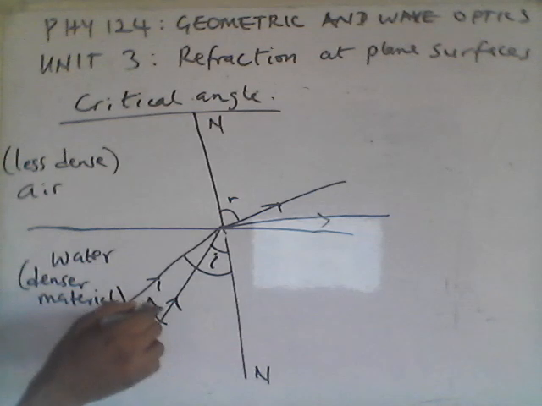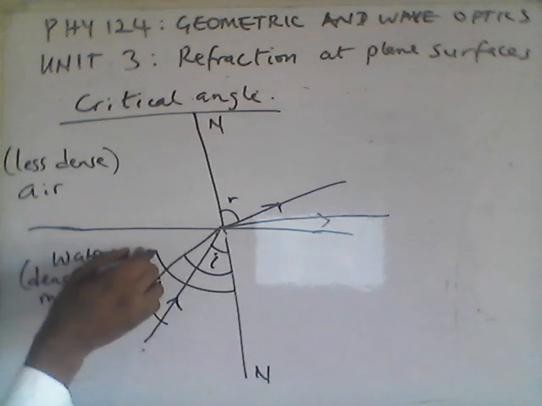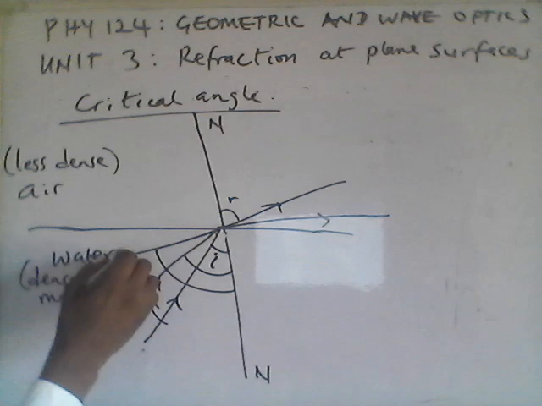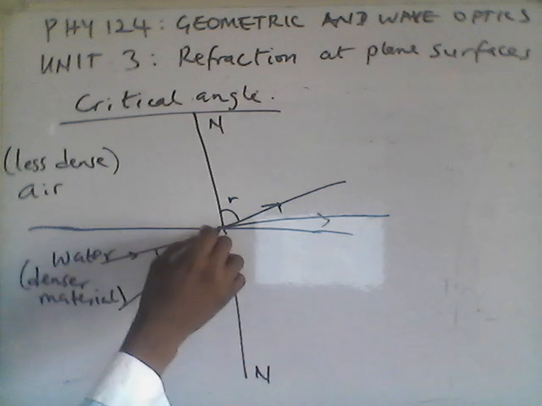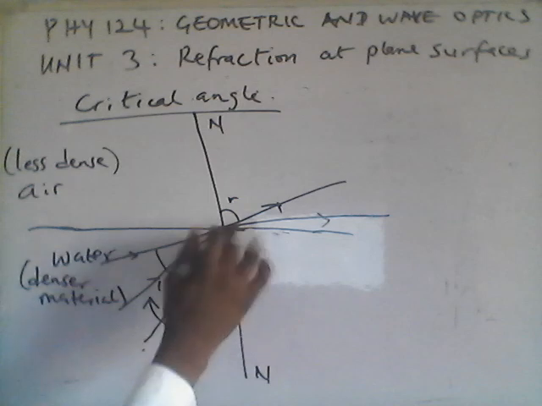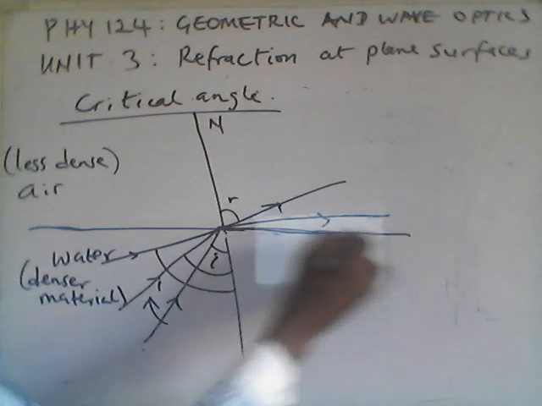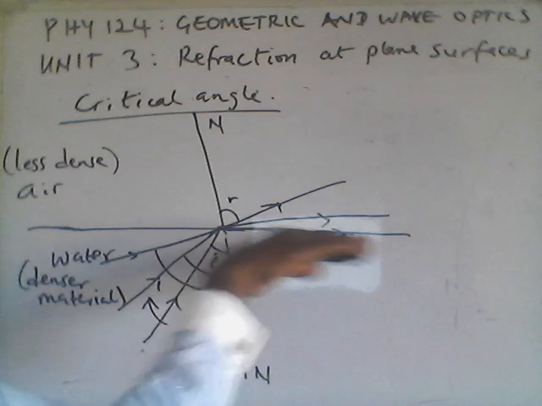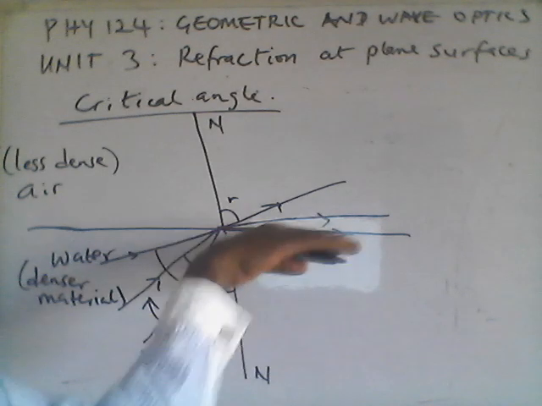If we increase to another point, a time will come when there is an angle of incidence for which the angle of refraction is grazing along the surface of the denser medium.